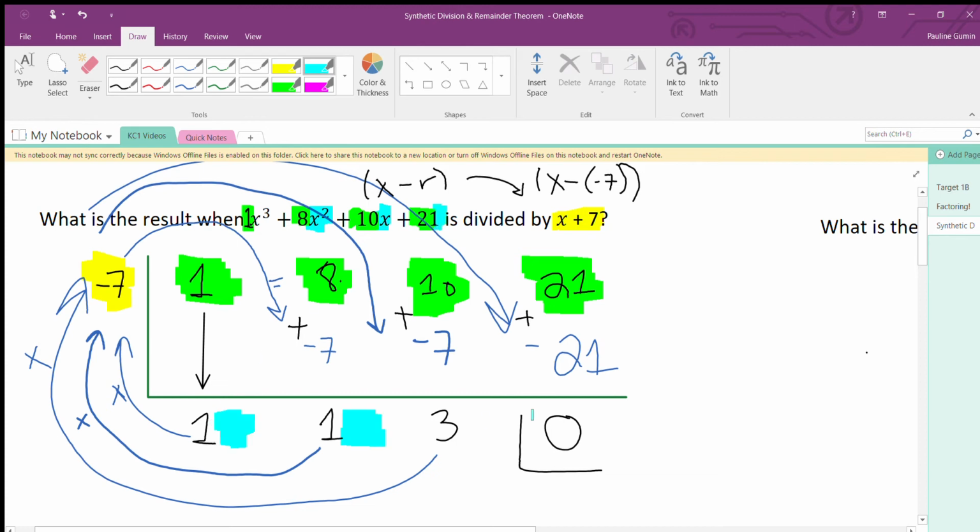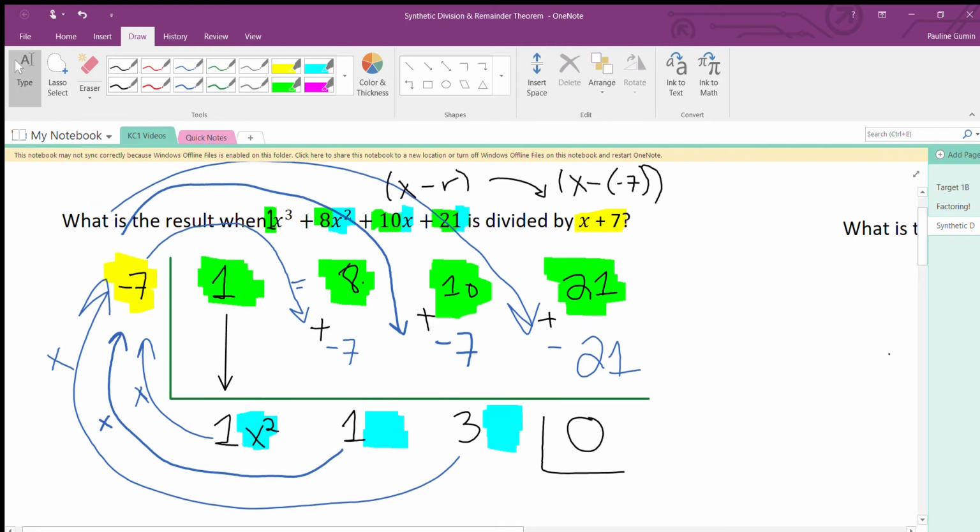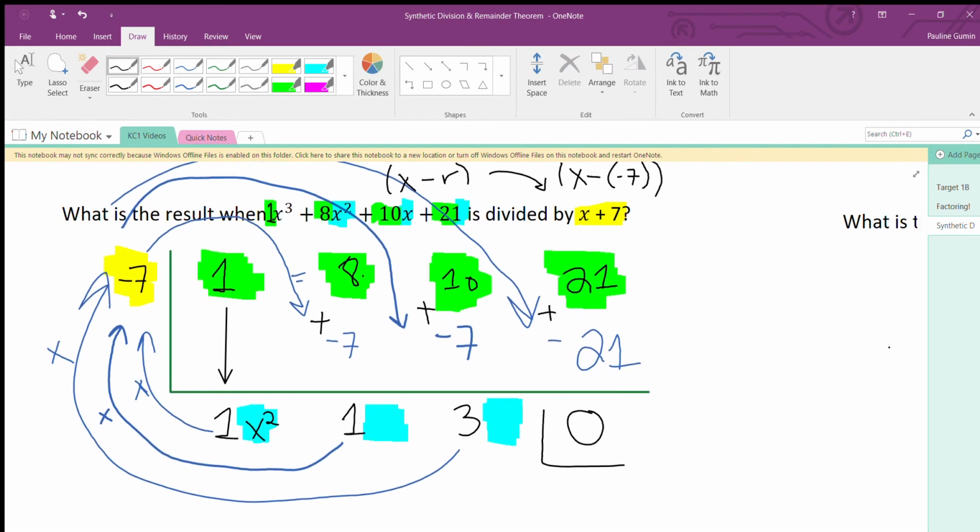Now, the reason we take 1 power smaller than the polynomial we're using is because when you take x to the third and divide it by x, we get an x squared. Oops. I'm writing a plus because 1 is positive, and then I just write a 3. There's nothing to put there. That's our answer. I am going to box it.